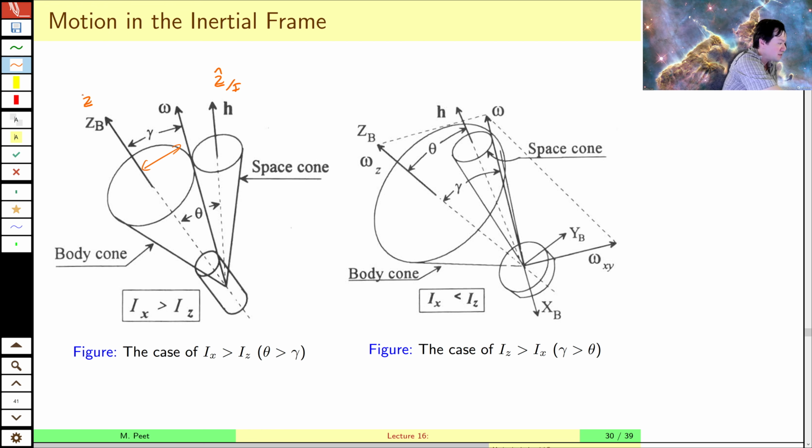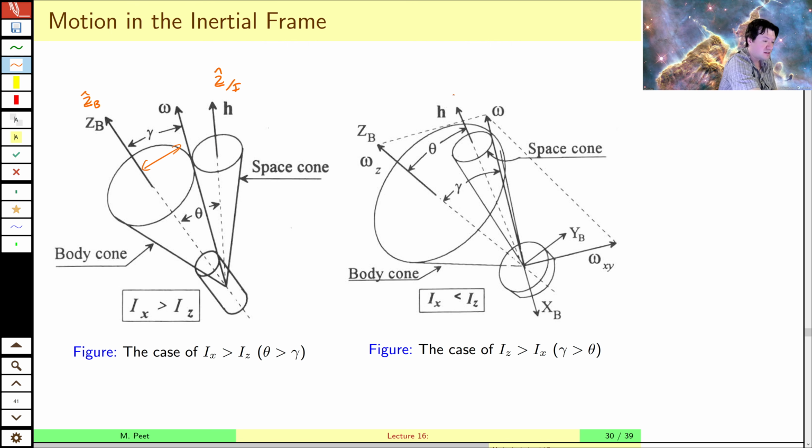This is the z-axis in the body fixed frame. And what this says is that this angular velocity vector is going to be rolling around the body cone in the body fixed frame and the space cone in the inertial frame. And because this angle is larger than this angle, the space cone is outside the body cone.